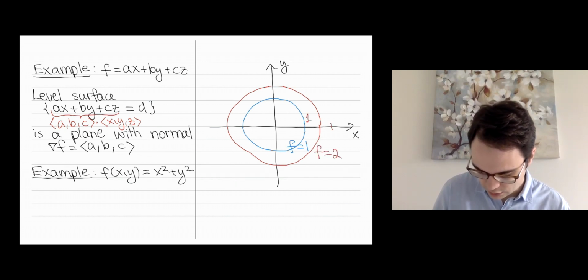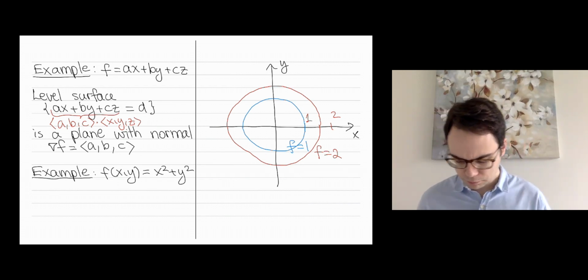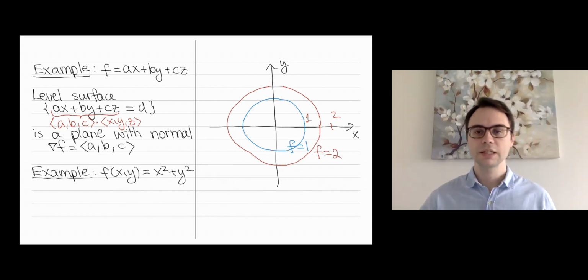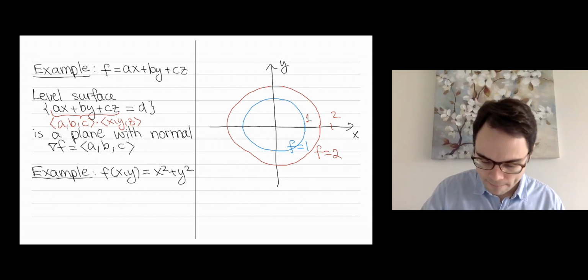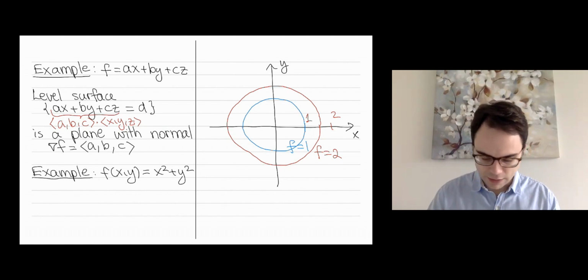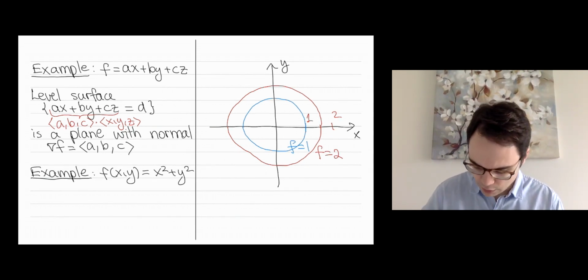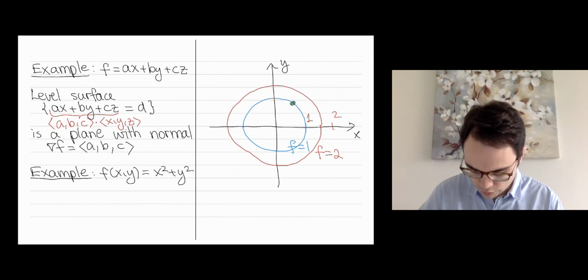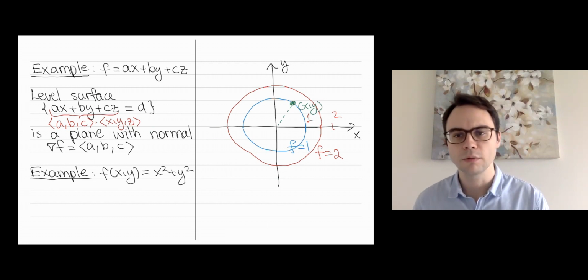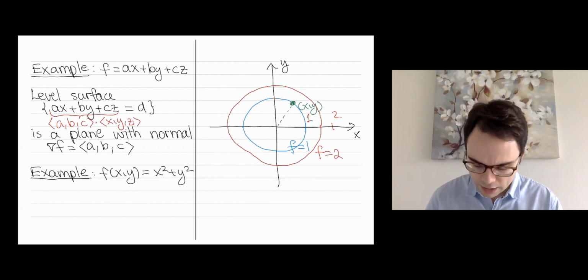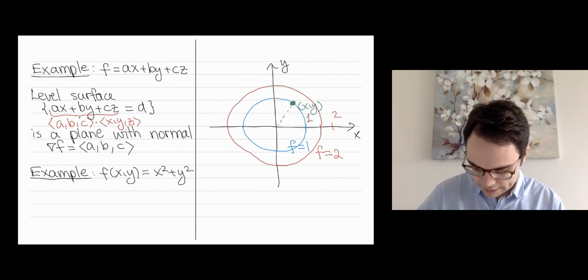But this is 1 and this is 2, and root 2 is kind of in between. So you see that the level sets are concentric circles. Now the gradient vector for the function f of x,y equals x squared plus y squared: let's take a point on one of these circles. This point has position vector x comma y. The gradient, I claim, is 2 times this position vector.